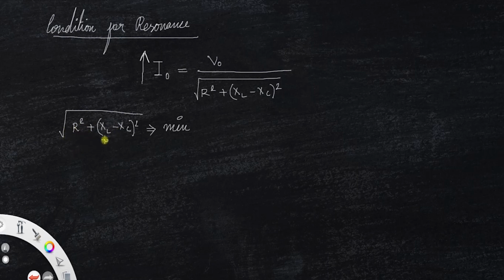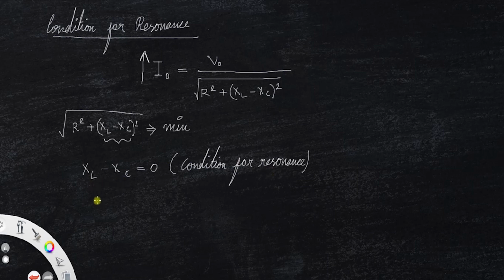So the minimum value of this will be when XL minus XC equals 0, because there is no point in this becoming negative. So when XL minus XC equals 0, this value becomes minimum, and the current flowing in the circuit will be maximum. So this is actually the condition for resonance.